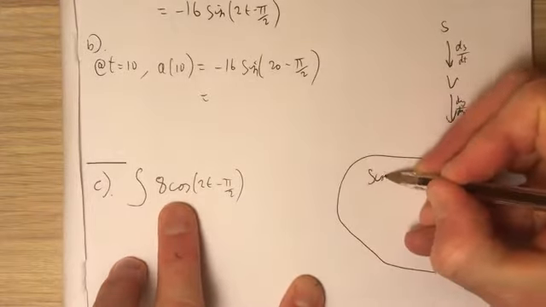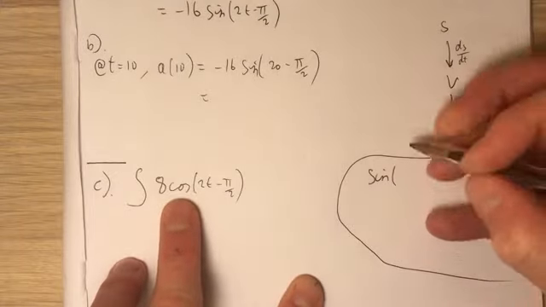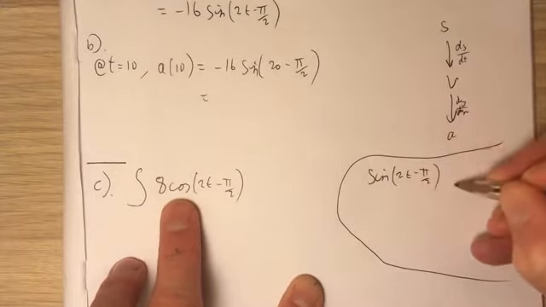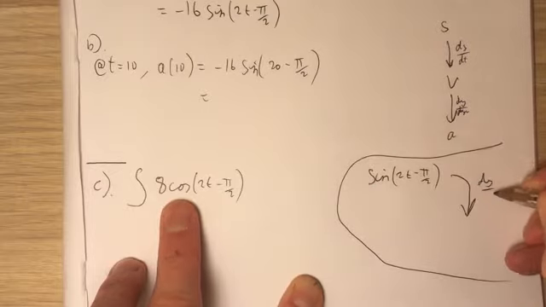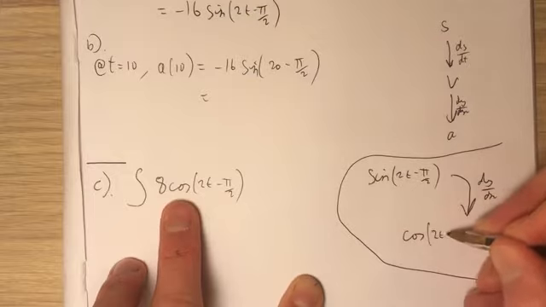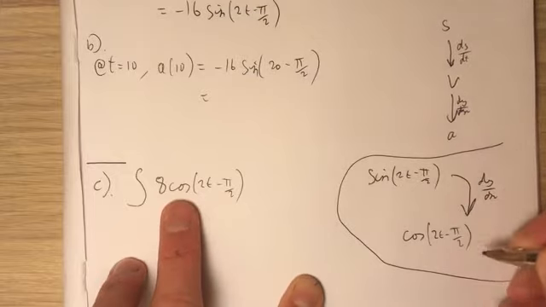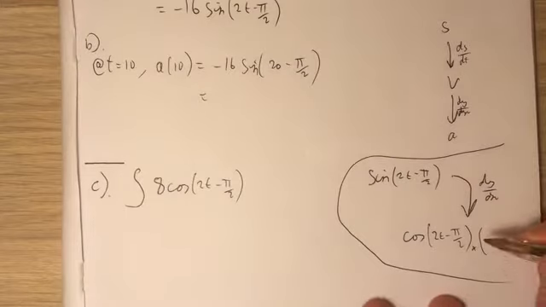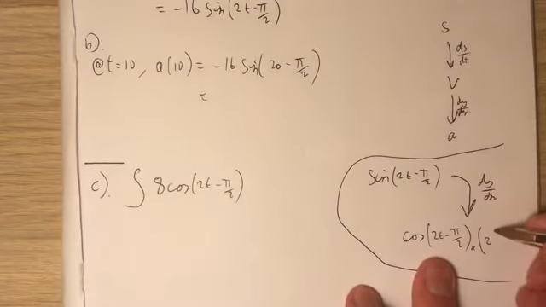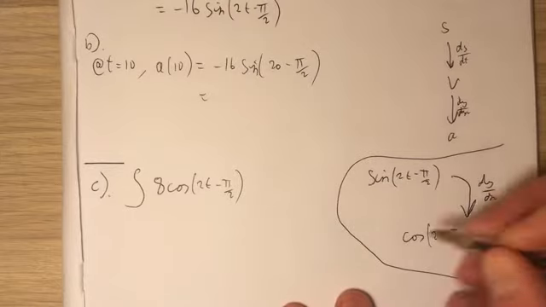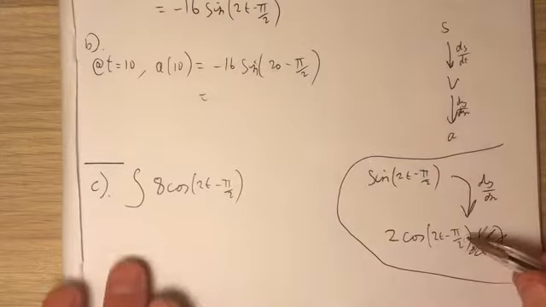If I differentiate sine, I get cos. If I differentiate sine of (2t minus pi over 2), I would get cos of (2t minus pi over 2). But that's the outside function. I do chain rule, differentiate the inside function, I'm timesing by 2. So I would get 2 cos of this.